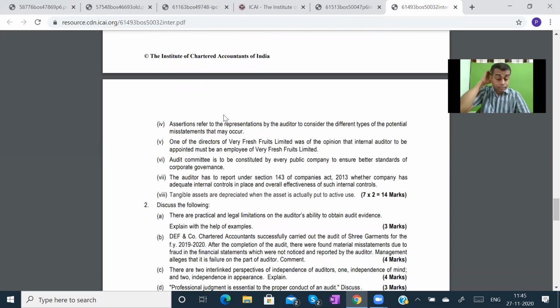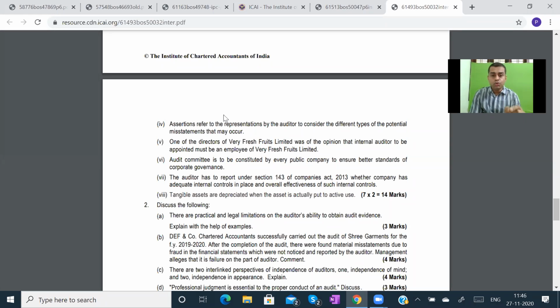Assertions refer to the representations by the auditor to consider the different types of potential misstatements that may occur. Many people will write the wrong answer here. So tell me guys, what is your answer for the fourth one? Ashik is saying incorrect.